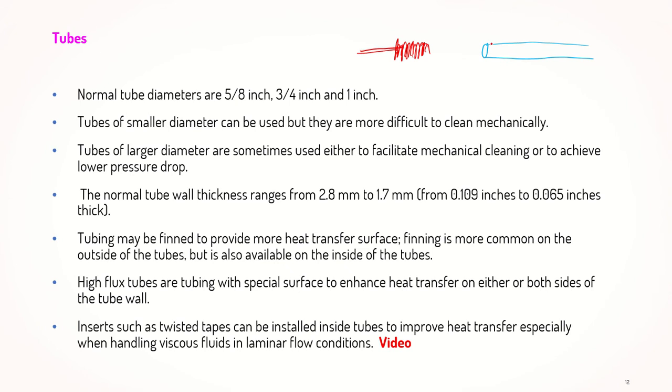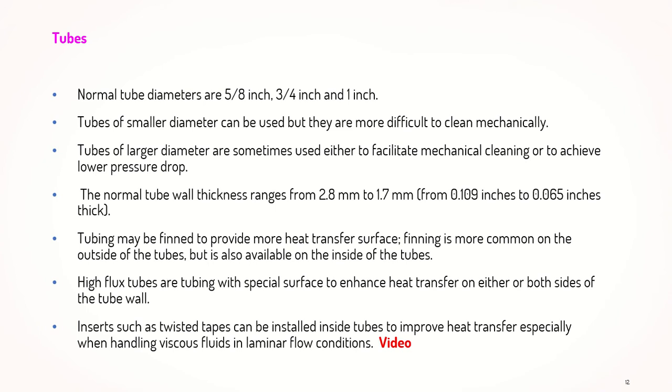And tubing may be finned. For example, inside of this you might make it corrugated or finned. So the corrugated surface and also finned surface are used in order to increase the heat transfer rate due to increased surface.